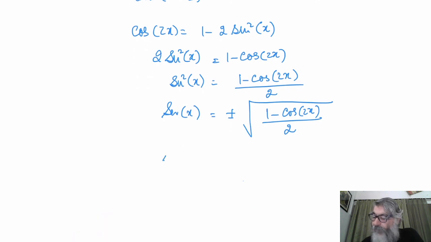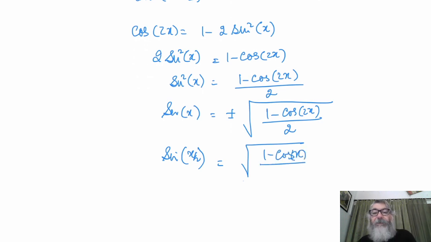We can also write sin x upon 2 as under root 1 minus cos x upon 2, because the angle on the right hand side is double the angle on the left hand side. Whatever the angle on the left hand side, the right hand side is just double. If it was x, it was cos 2x.